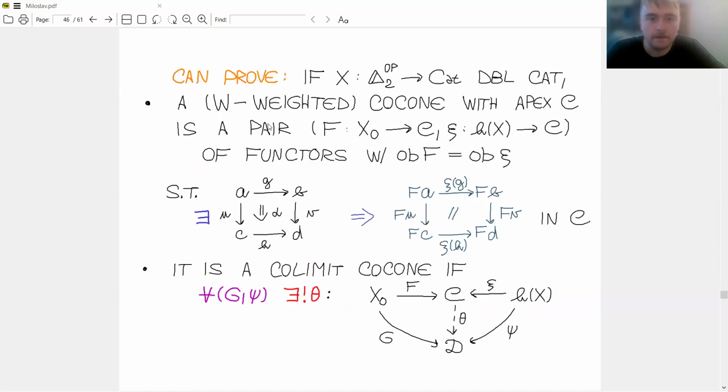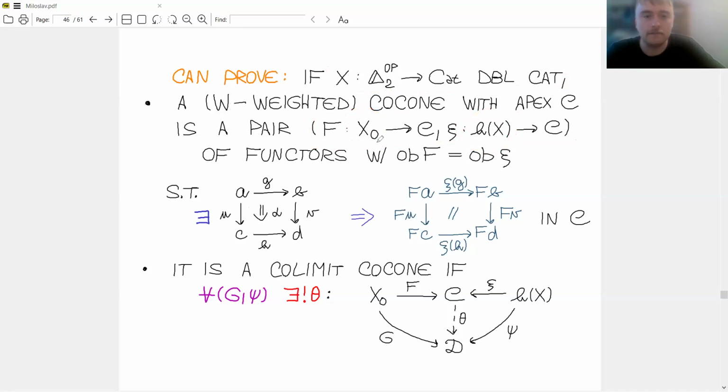But what you can prove is that if you have a double category and you regard it as a diagram, then the cocone for this diagram can be described as just a pair of functors like this. By this thing, I denote the category of objects and horizontal morphisms of the double category, and this is the objects and vertical morphisms of the double category.